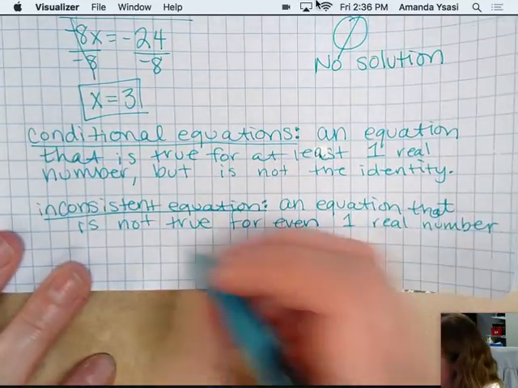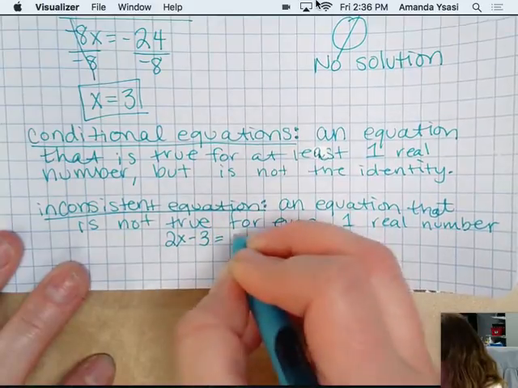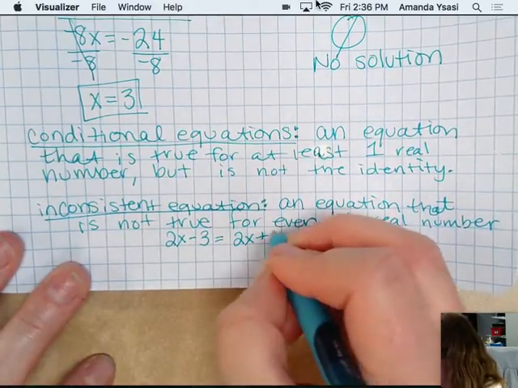So let's say an example would be like 2x minus 3 equals 2x plus 4.